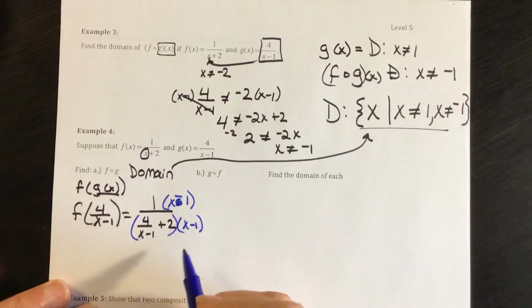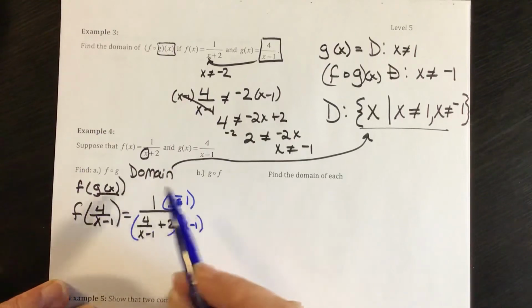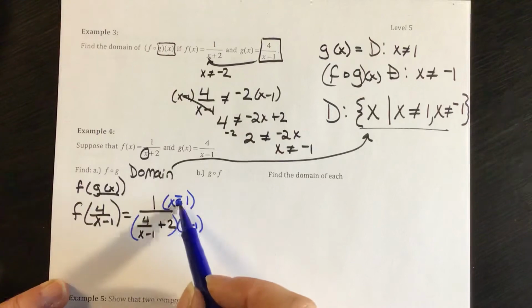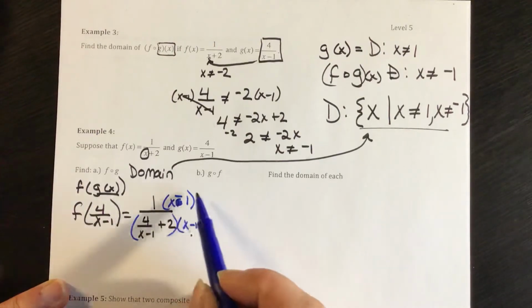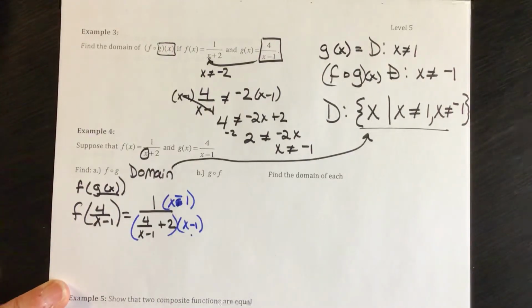Really I'm just multiplying by a value of 1. So this is just going to let me manipulate these values a little bit. Anything over itself is 1. And if I multiply 1 by anything, it stays the same, but we're going to write it a little differently.